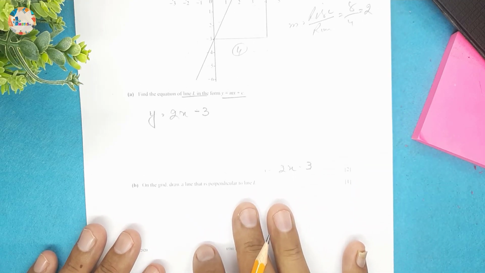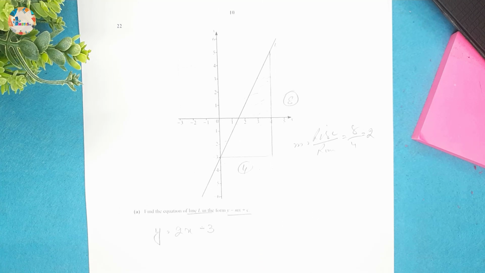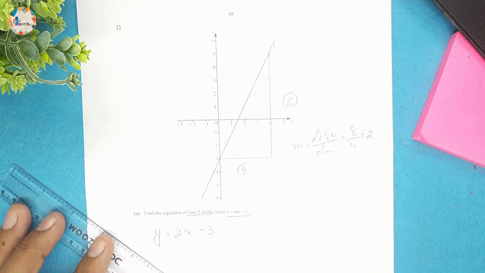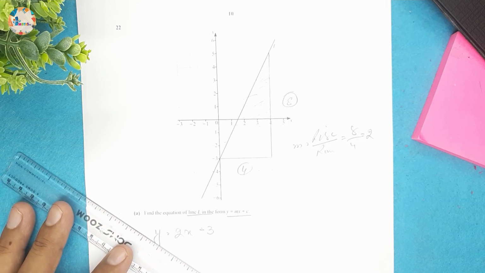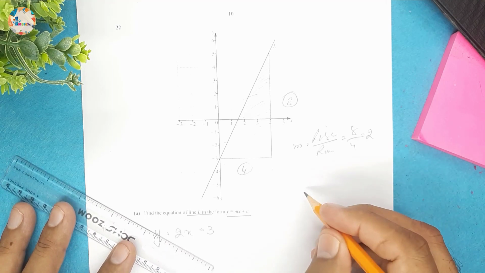Now on the grid, draw a line that is perpendicular to line L. So a line perpendicular to line L will have a gradient of, basically we can draw any line, but its gradient should be -1 by 2.